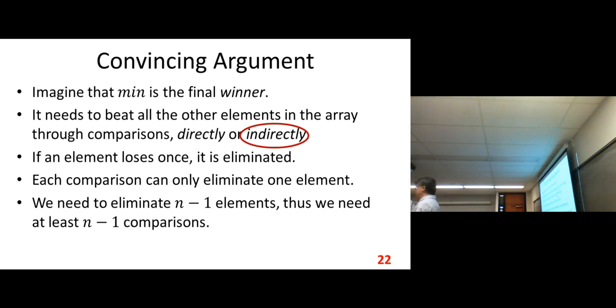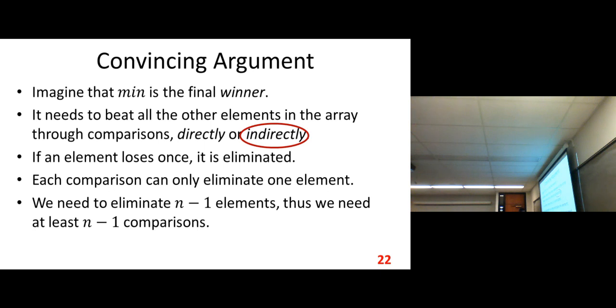Because each game you can only eliminate one player. You cannot eliminate two players in one game. You need to play a minimum of n minus 1 games. You cannot do fewer than n minus 1 games. That's not enough.